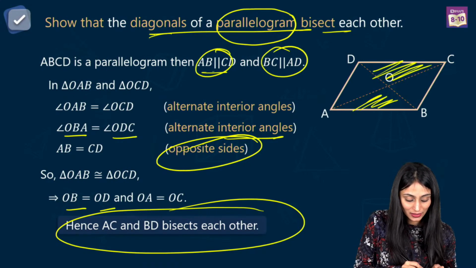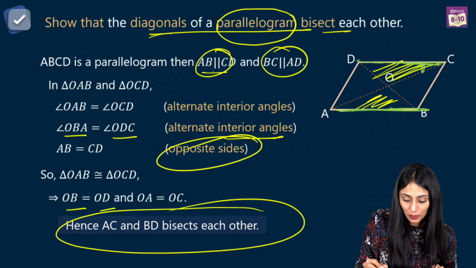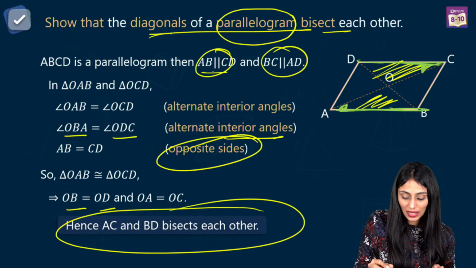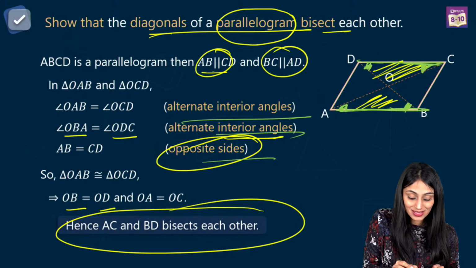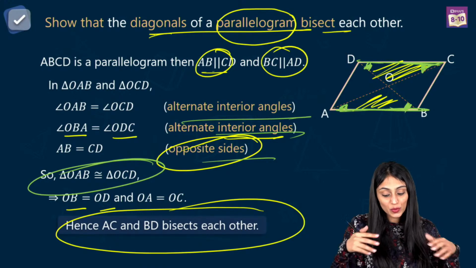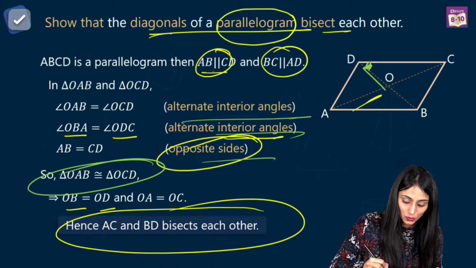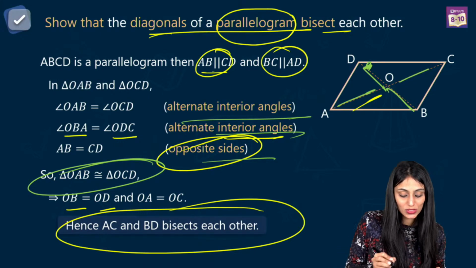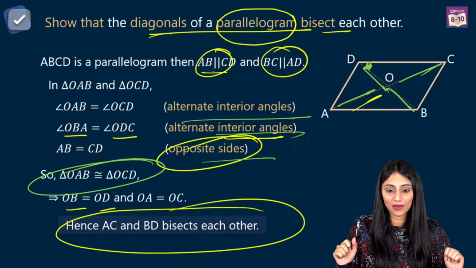So you can say that the opposite sides of a parallelogram are equal. These two sides are equal. This will be alternate interior angles, these two. And this will also form alternate interior angles. So three things you have already got. You can say that the triangles are congruent. So when triangles are congruent, their corresponding parts are equal. So I can say that OB and OD are equal, OA and OC are equal. That means they are bisecting each other, right? Dividing them into equal halves.